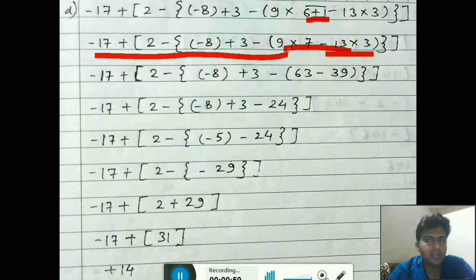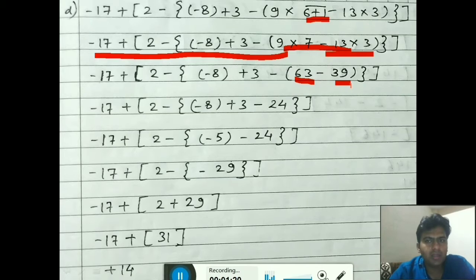Inside the bracket, whatever operation we have to perform, we will do, and inside the smaller bracket we also use the BODMAS rule. So 9 into 7 is 63, 13 into 3 is 39.